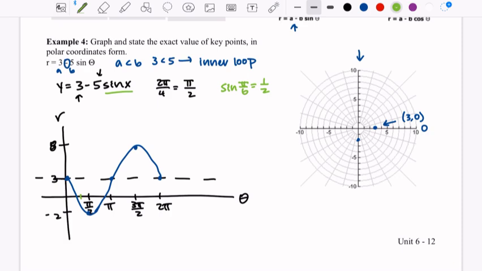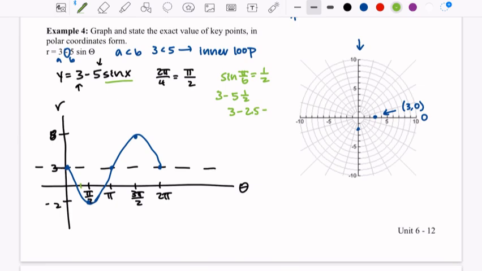If I plug in pi over 6, I would have 3 minus 5 times 1/2. So that's 3 minus 2.5, which would be equal to 0.5. At pi over 6, we would have been at 1/2. Let's graph that point too.